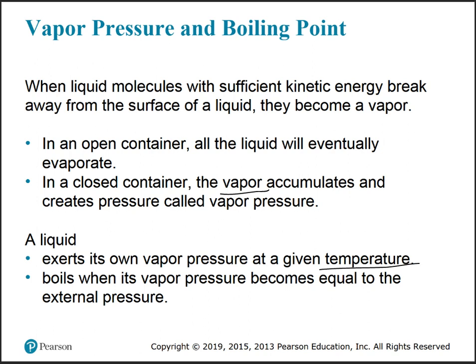When you're boiling a liquid, the vapor pressure that's present is equal to the external pressure. So if you're at a really high altitude, your external pressure is going to be lower than if you were at sea level.